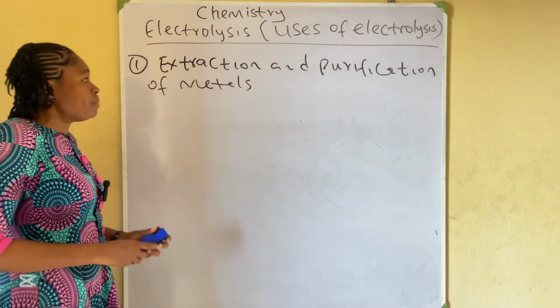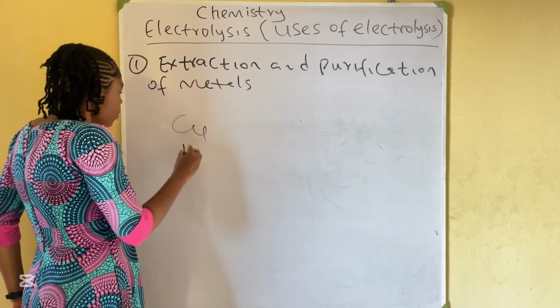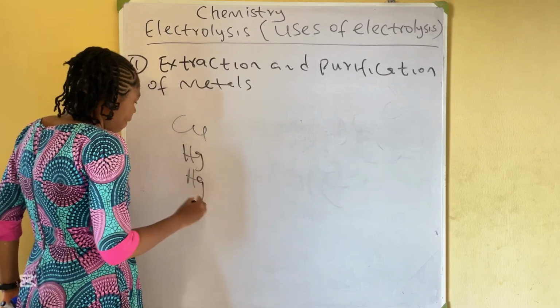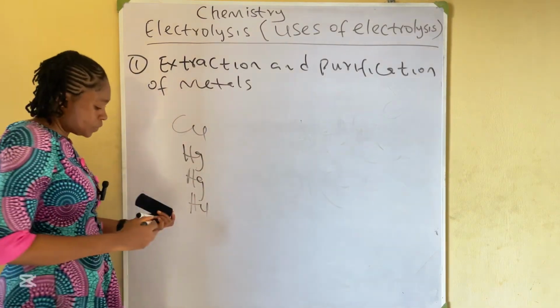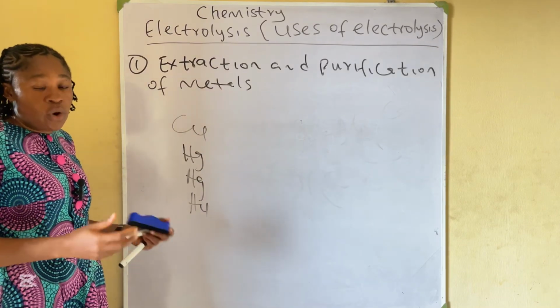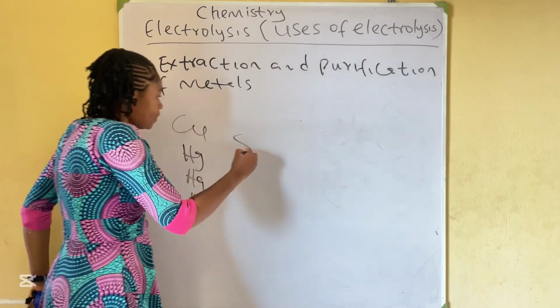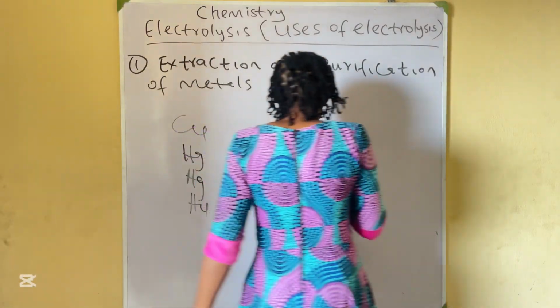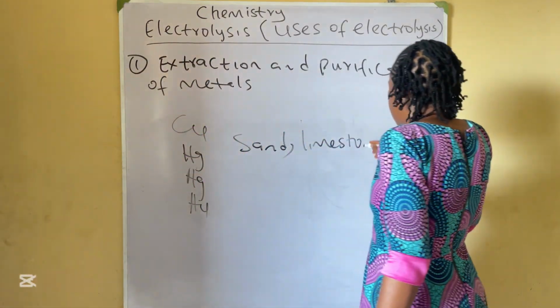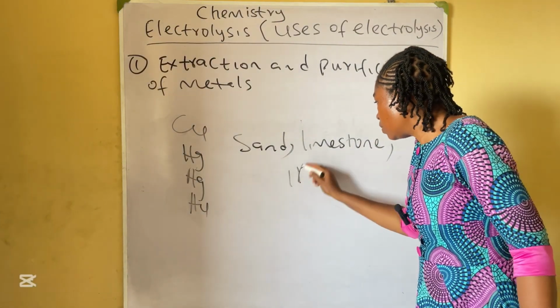The less electropositive metals like copper, mercury, silver, and gold tend to occur in uncombined form in ores, and ores are usually contaminated with sand, limestone, and iron compounds.